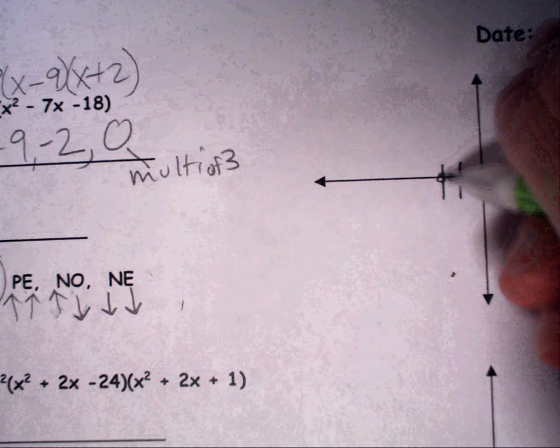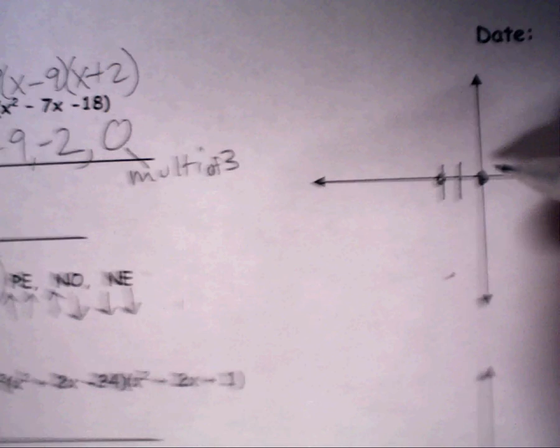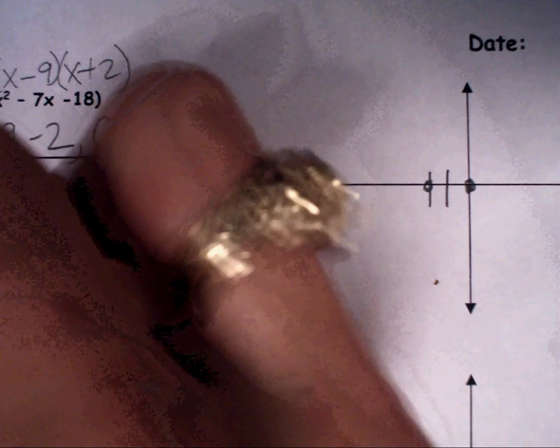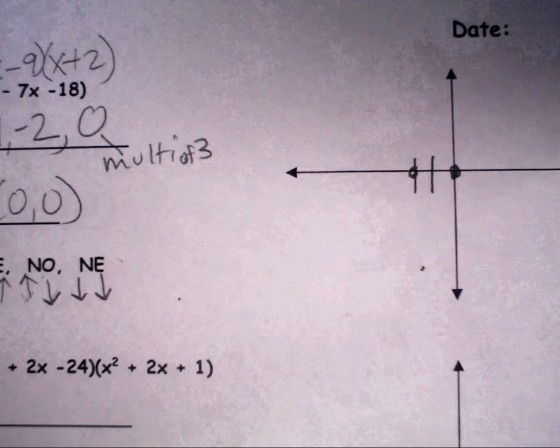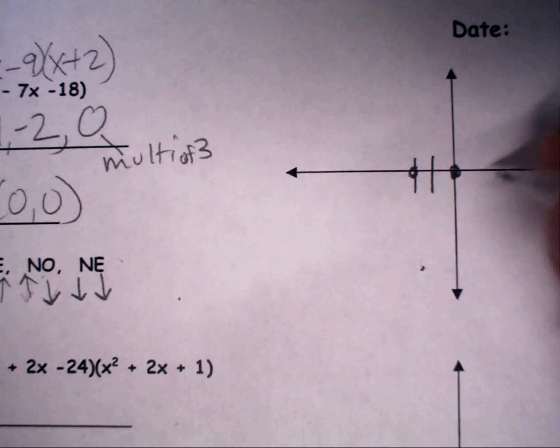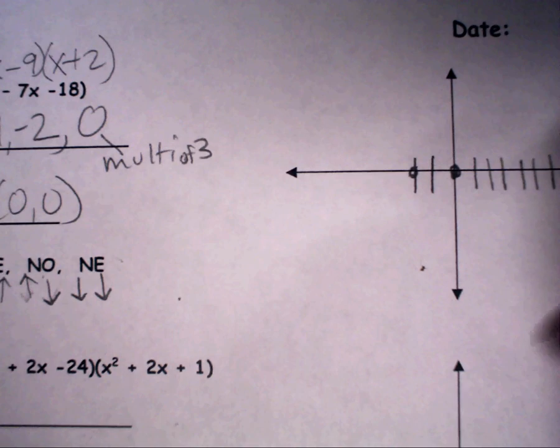So what I need to do is go and mark off my negative 2, my 0. My y-intercept is also 0 because one of my roots is 0. If you don't know your y-intercept, you plug in 0 for x to find your y-intercept. Okay.